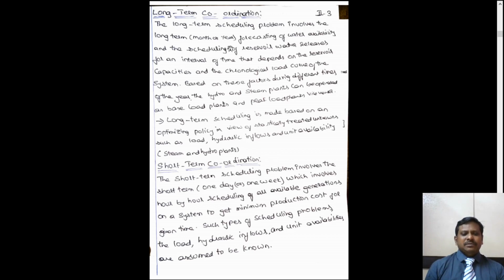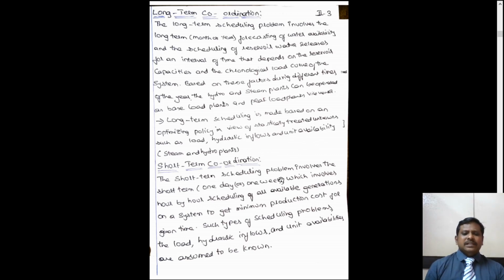In case of long-term scheduling, the plan will be forecasting the water availability for 1 year, depending upon the reservoir capacity and the chronological load curve of the system, and based on these factors during different times of the year, hydro and steam plants can be operated. Mainly the long-term scheduling is made based on the optimizing policy in view of statistically treated unknowns such as load, hydraulic inflows, and unit availability.